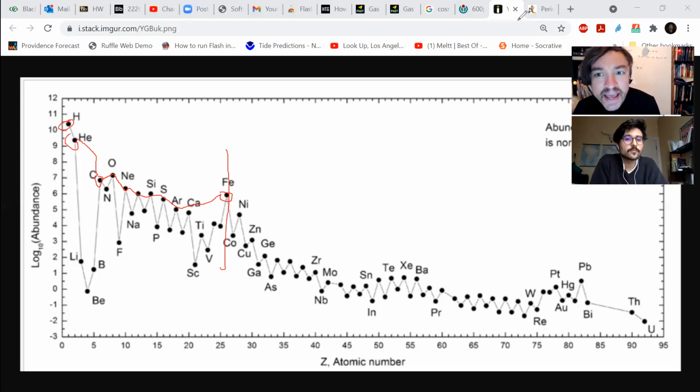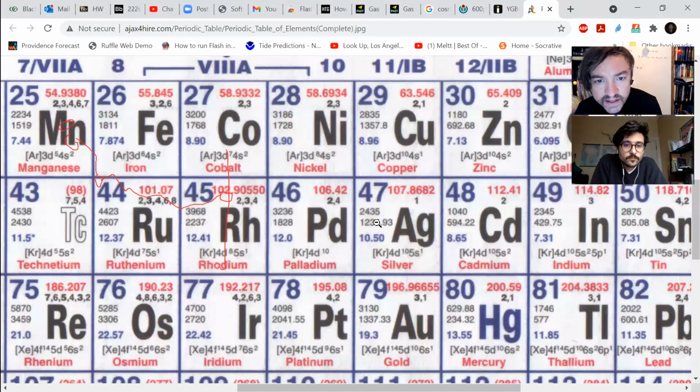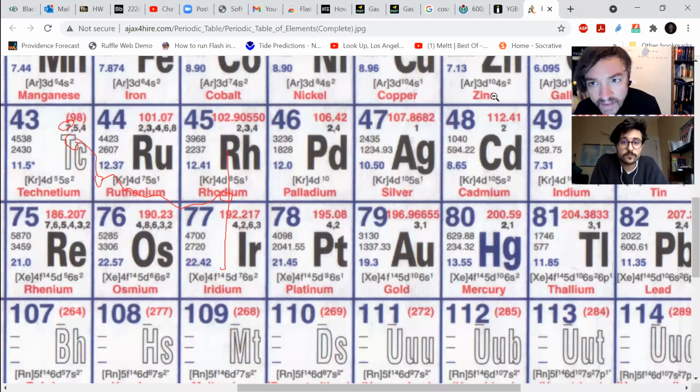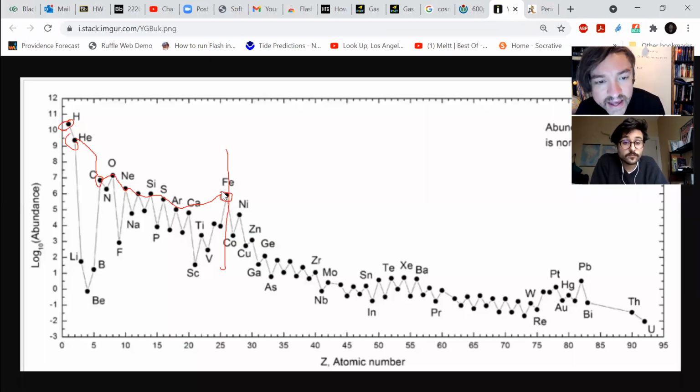There are, of course, many elements on the periodic table after iron. For instance, let's just take some common ones. Nickel, copper, zinc. Gold and silver come after iron. If you were to ask me, how do these other elements get created if they can't be done in fusion? The simple answer is these elements are produced at the very end of a high mass star's life.